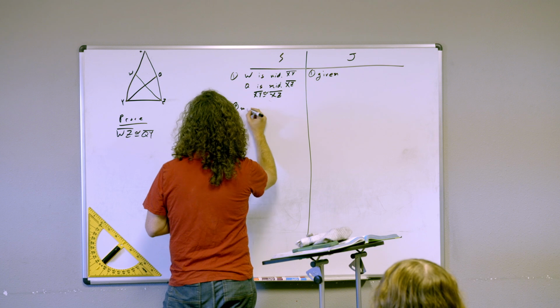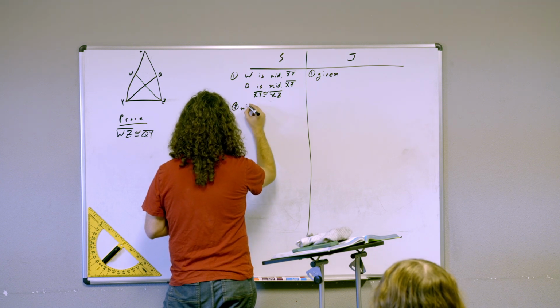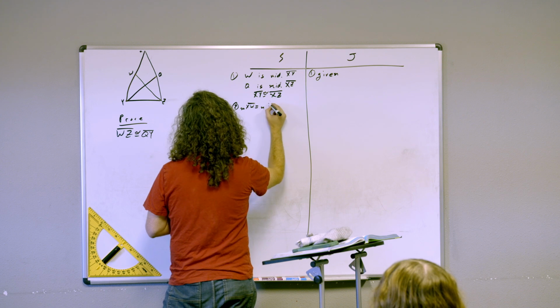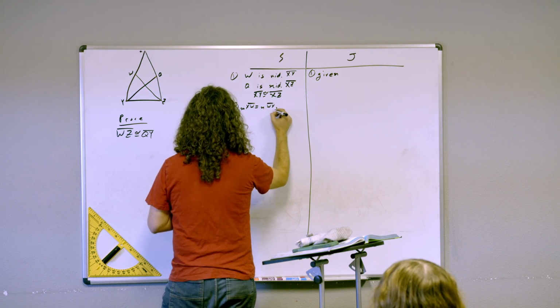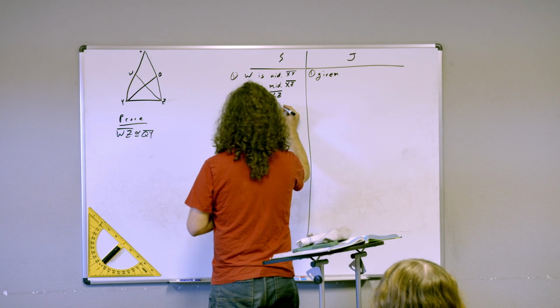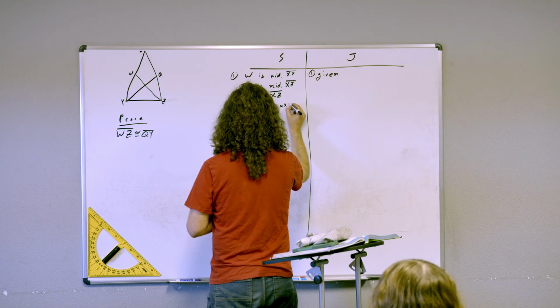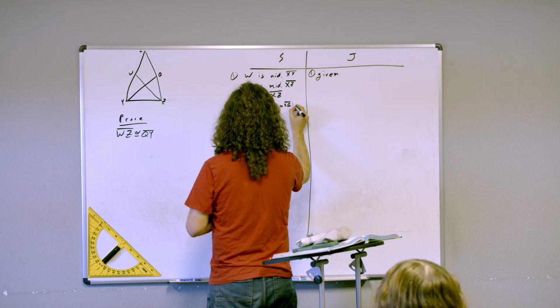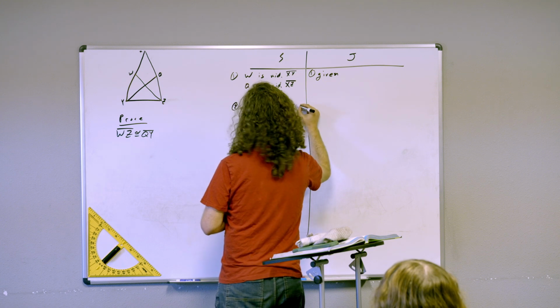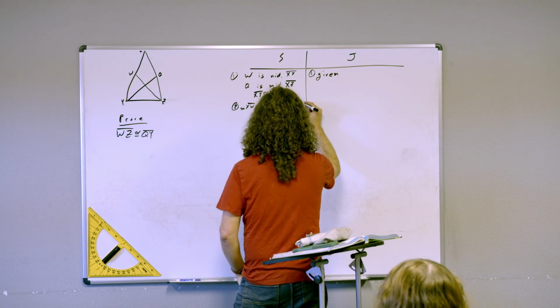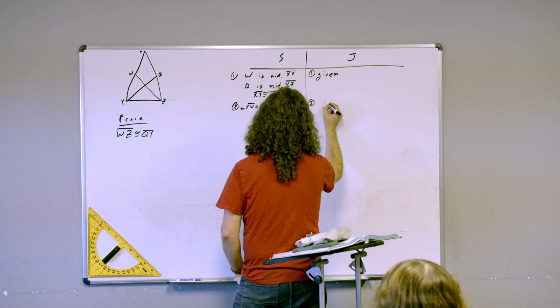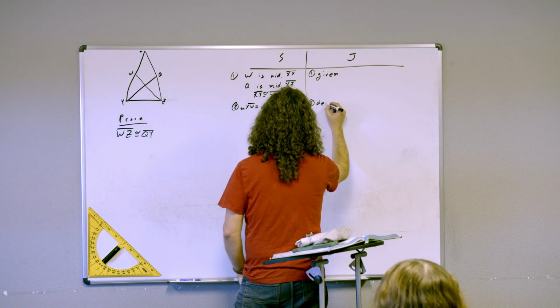The measure of XW equals the measure of WY and the measure of XQ equals the measure of QZ. Because why? Definition of midpoint.